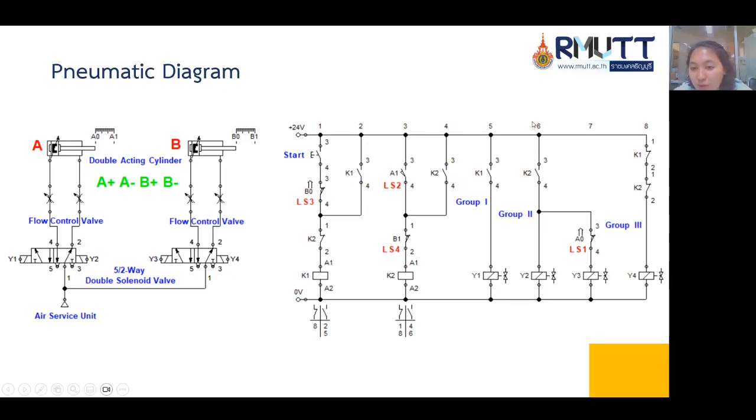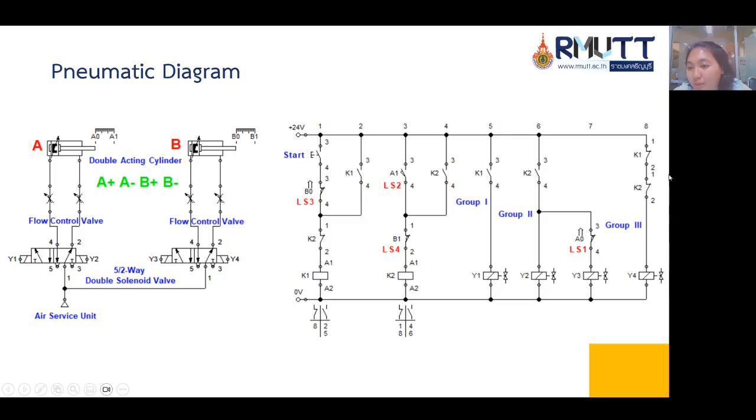And for group 2, K2 will activate solenoid Y2 in this part. And also when A0 or LS1 is active, it will activate solenoid Y3 in this part.